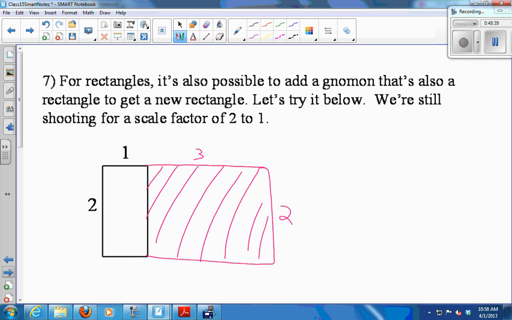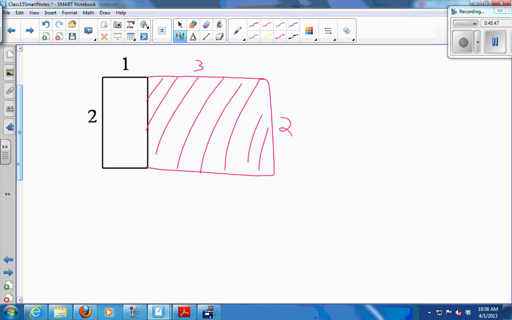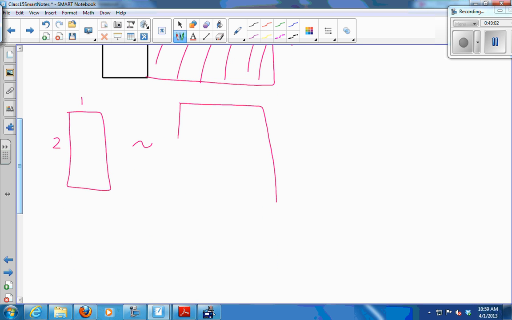And now my 2 pieces glued together make a 2 by 4 rectangle, which is what I was looking for. It's just turned on its side, right? For me, it helps to draw these 2 things vertically so you can see the same shape, or draw them in the same orientation. So my original 1 by 2 is similar to my new glued together thing, which if I turn on its side, looks like 2 by 4.